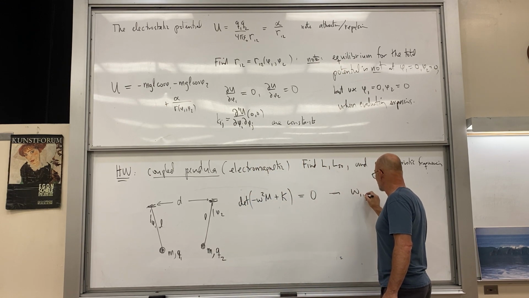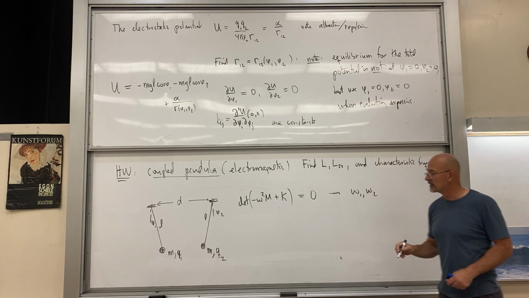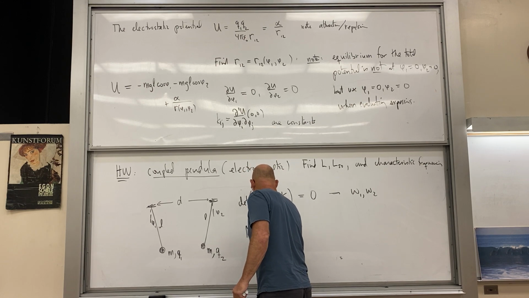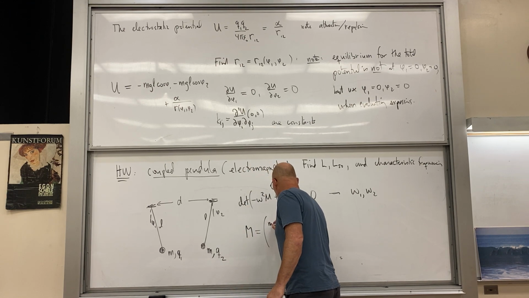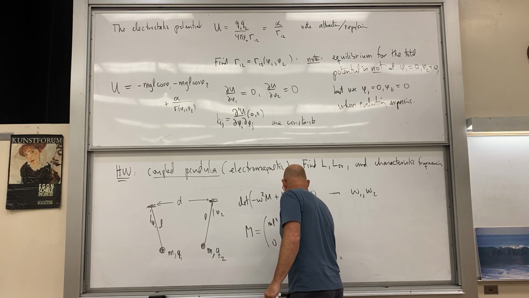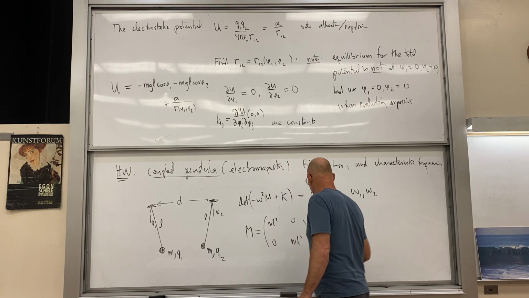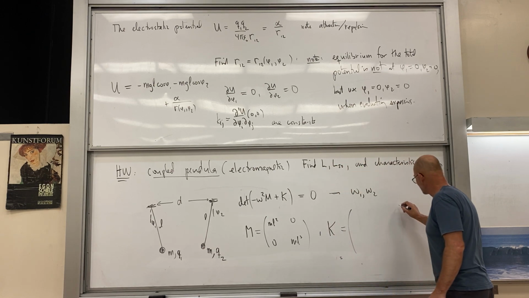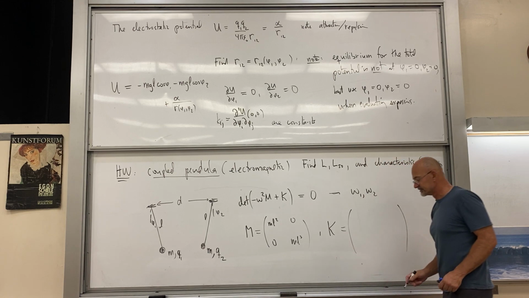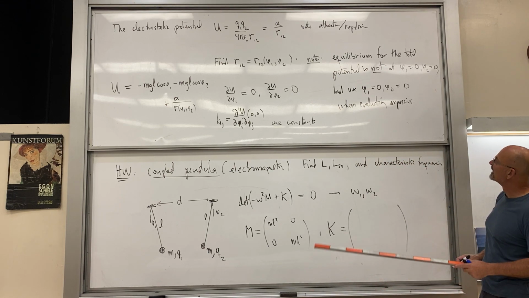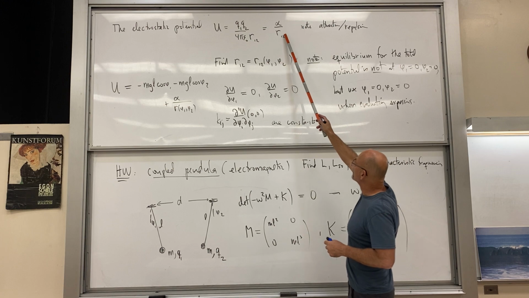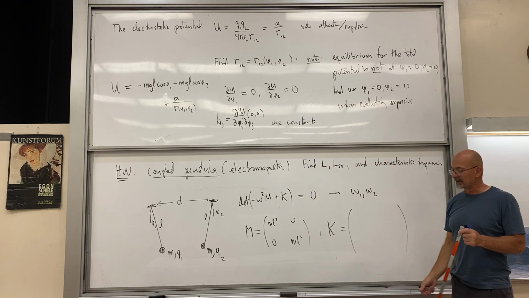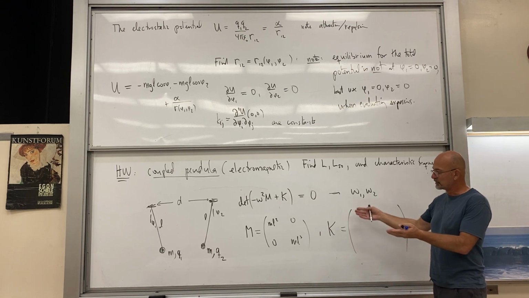That's going to give us omega 1 and omega 2. And we already know this M matrix is going to be ml squared 0, 0, ml squared. This K matrix, that's the big question mark. Of course, in the limit as the electrostatic interaction goes to 0, it'll decouple completely, right? You'll just end up with 2 simple pendula.